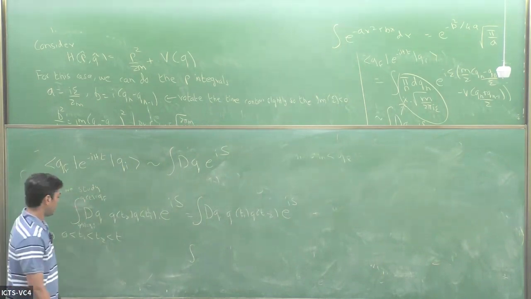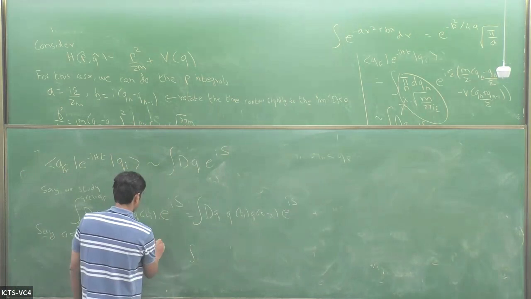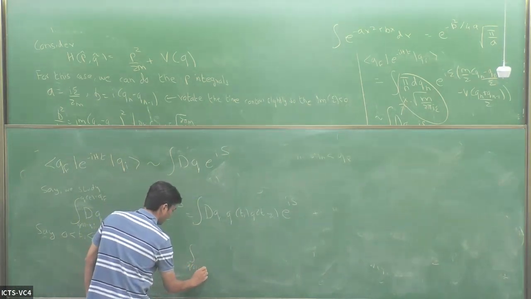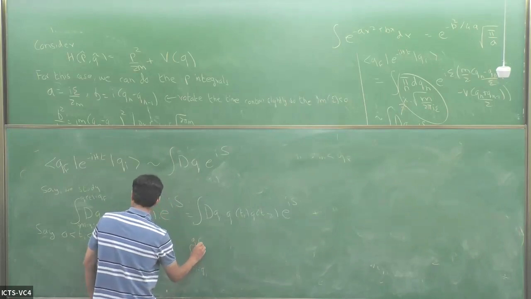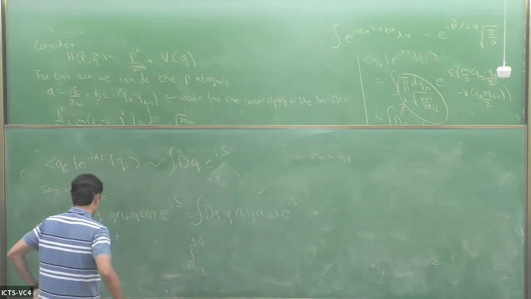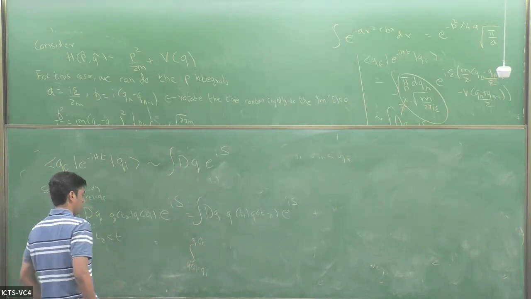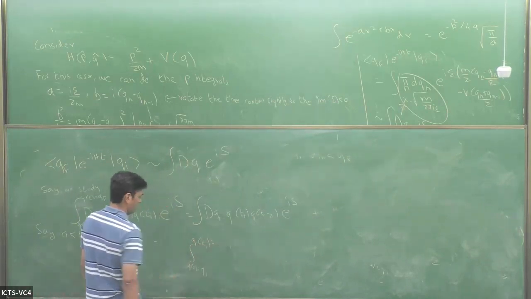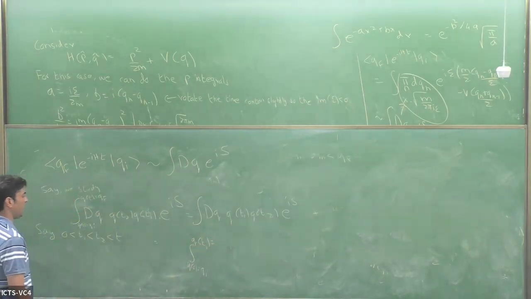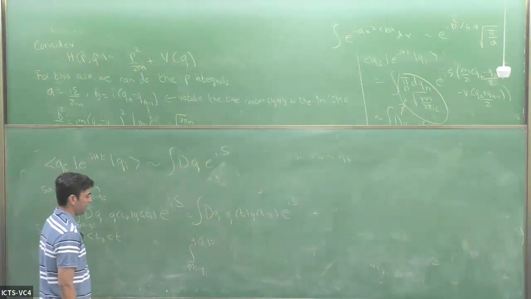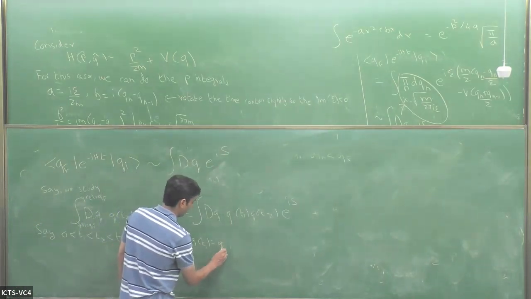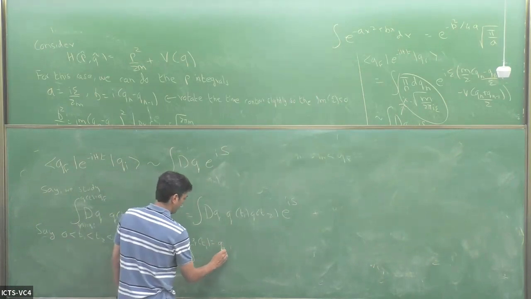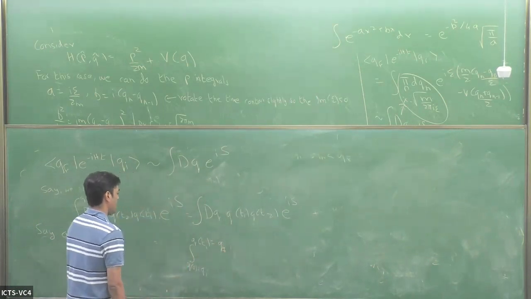I can write this as an integral over q of 0 equal to qi, q of t1 equal to something, let's call it q1, of e to the iS.